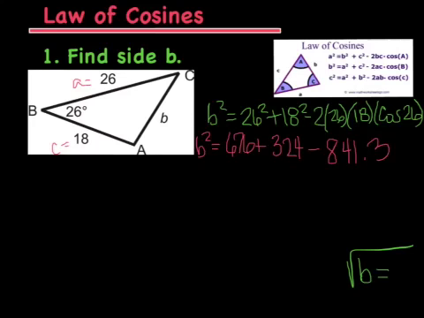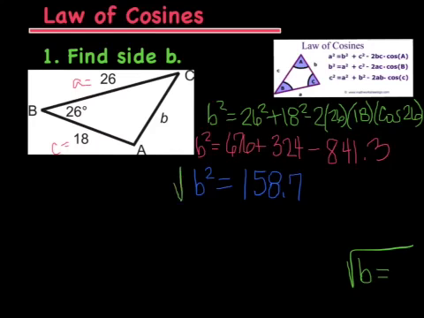Okay, now we're going to go ahead and simplify the right-hand side. So we have b squared equals, we're going to add 676 and 324, and then we're going to subtract 841.3, and we get 158.7. Well, that's what b squared equals. We want just b.